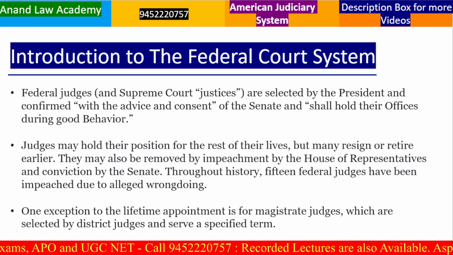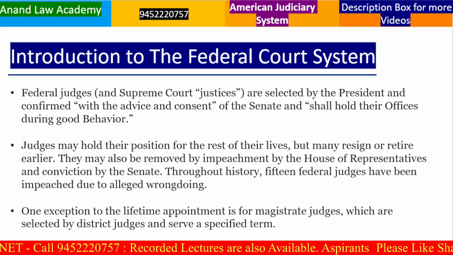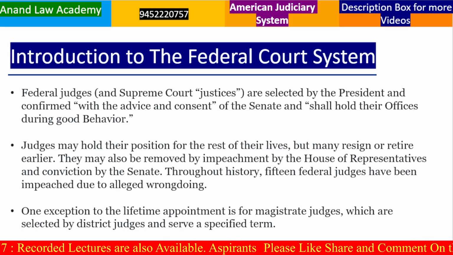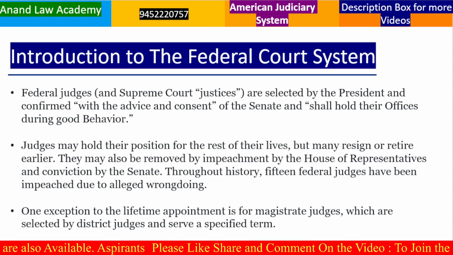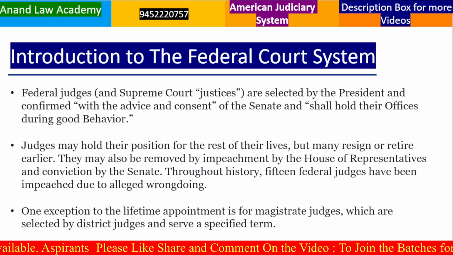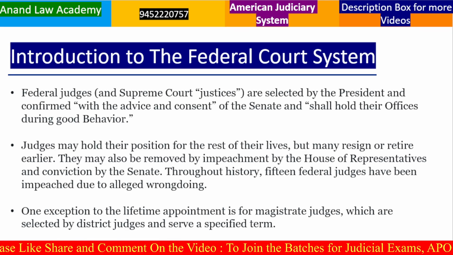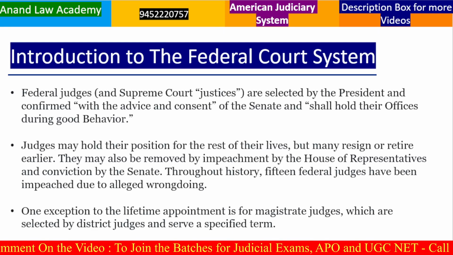They may also be removed by impeachment by the House of Representatives and conviction by the Senate. Throughout history, 15 federal judges have been impeached due to alleged wrongdoing. One exception to the lifetime appointment is the magistrate judge. Magistrate judges are appointed for a specified term.